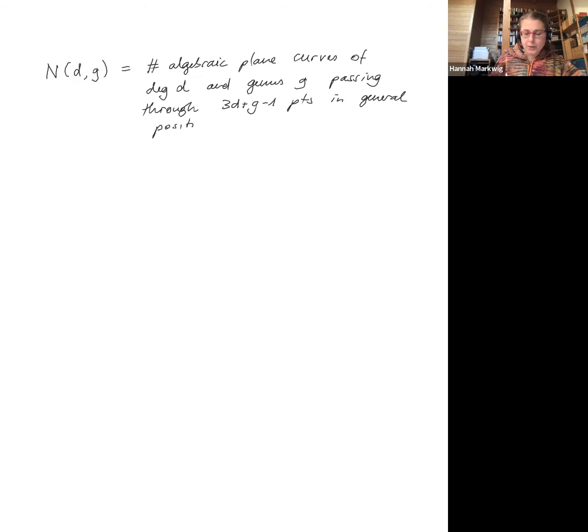We looked at a few examples. The most basic example, of course, is going to be N_{1,0}, which is just the number of lines through 2 points, where we all know that's 1.